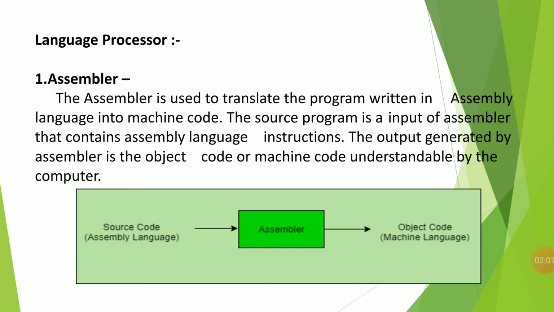There are various types of language processors that we have. The first one that we are going to discuss is the assembler. Assembler or assembly language is a low level language, where the programmer uses symbolic representations or names called mnemonics instead of numbers.